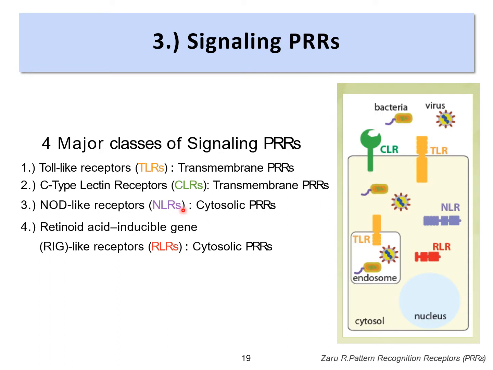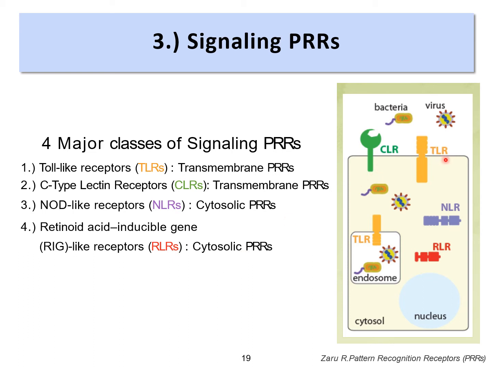After the endocytic PRRs, we will be seeing the signaling PRRs. There are four major classes of signaling PRRs, and these are very important. Toll-like receptors, which are transmembrane, and C-type lectin receptors, again transmembrane, and NOD-like receptors, nucleotide domain-like receptors, which are cytosolic, and RIG-like receptors, retinoic acid inducible gene-like receptors, which are again cytosolic.